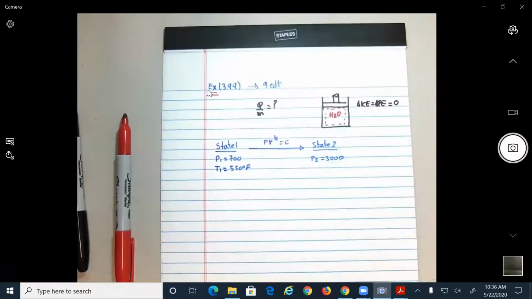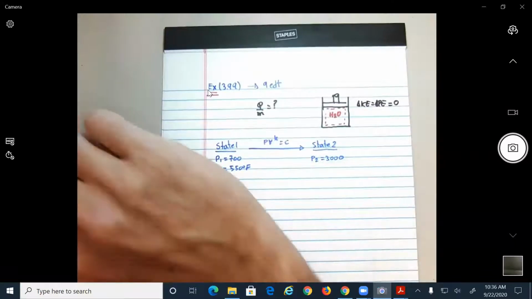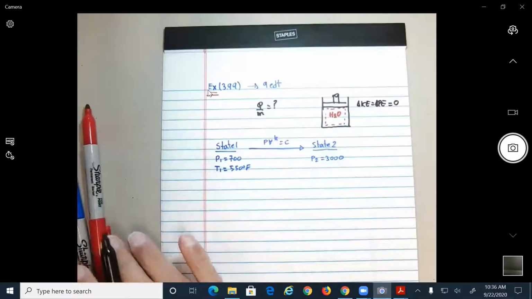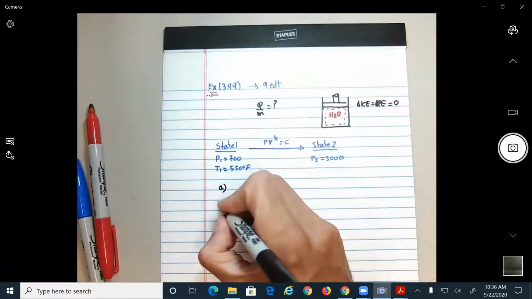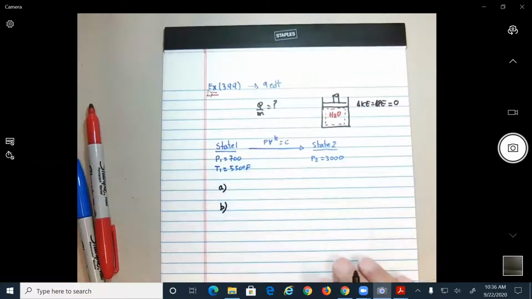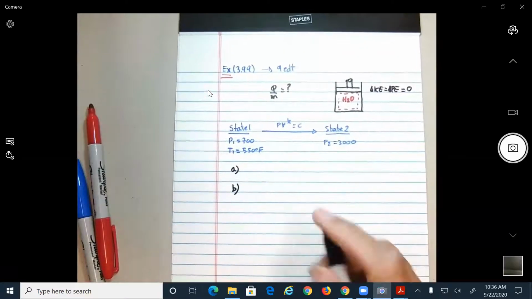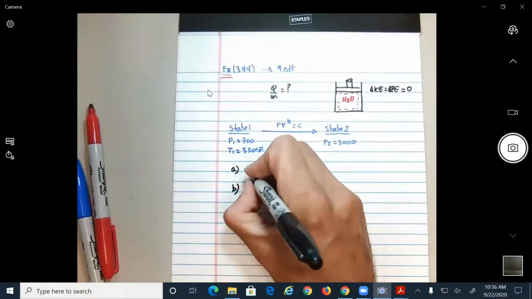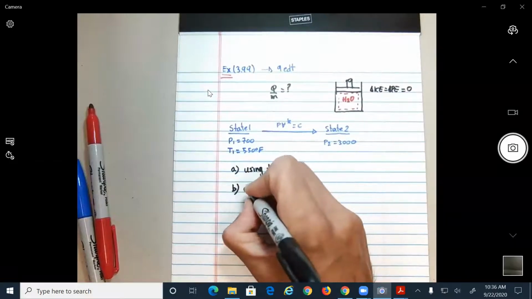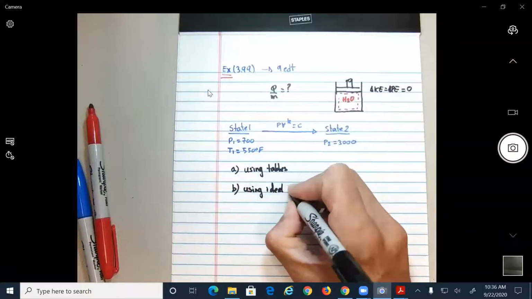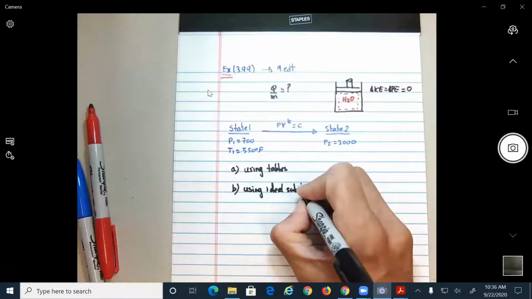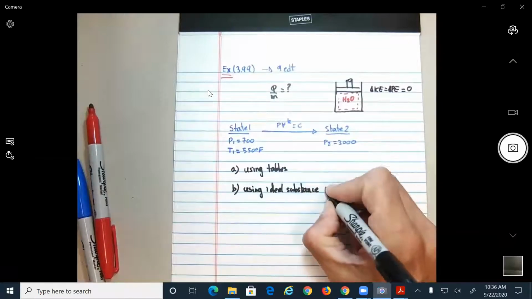You need to find the value of the heat per unit mass by 2 methods, which is the type of problem I like. First, using the tables, which will always be more accurate. Second, using ideal gas, which I call an assumption.